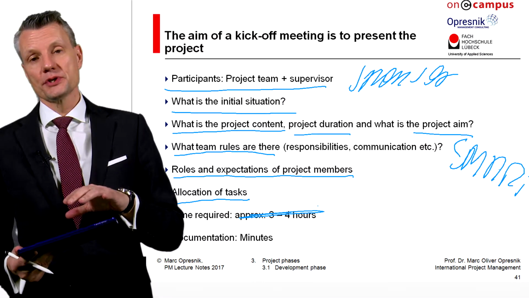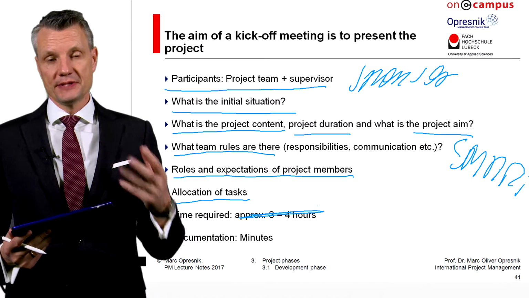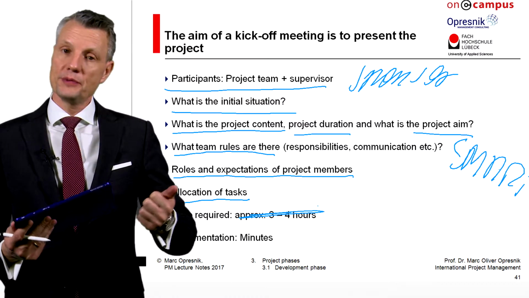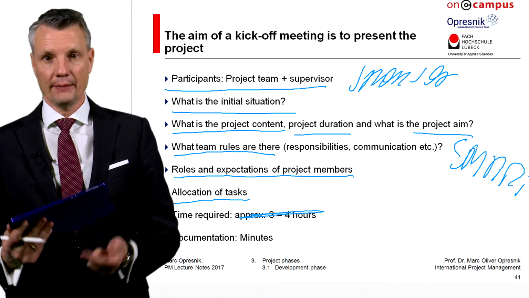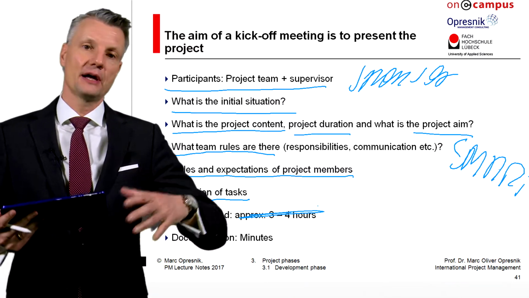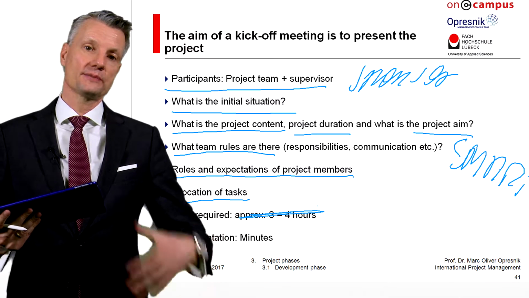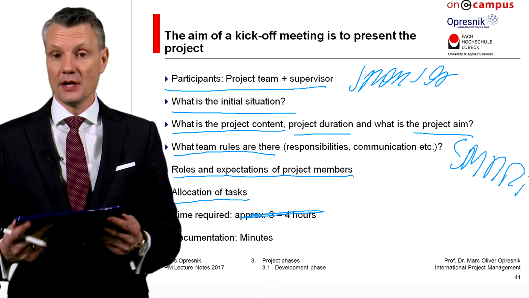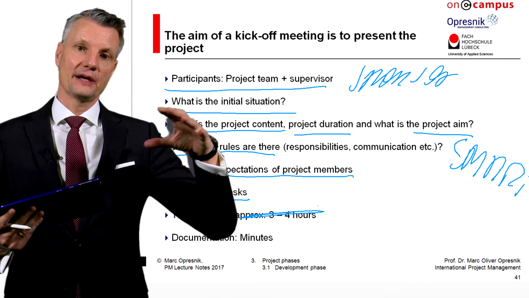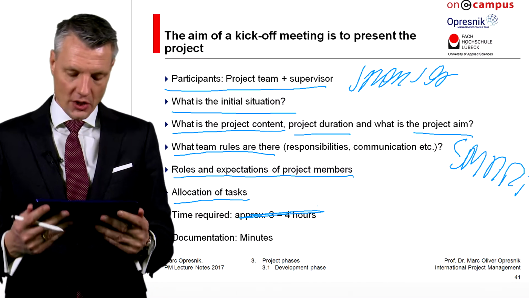But what is important, it depends on the project. For example, you need to specify how often you are meeting with your project team members. Are you meeting once a week or twice a week? Where are you meeting? If it's an international project and people are not physically located in an office, you have to set up Skype conferences in advance. You have to block that in advance by a meeting request, an appointment in the calendar.